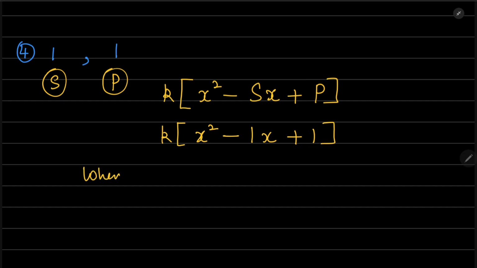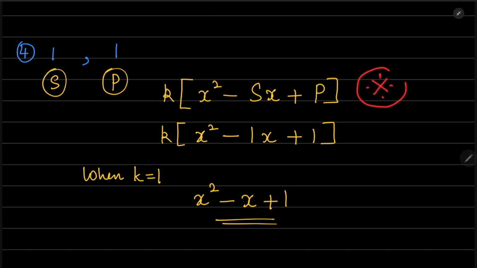So when k is equal to 1, the quadratic polynomial becomes x square minus x plus 1. Be very careful with the sign in the formula. Okay, x square minus sx plus p. Remember it, write it in a separate notebook or mark it as important, revise it and make sure you remember.